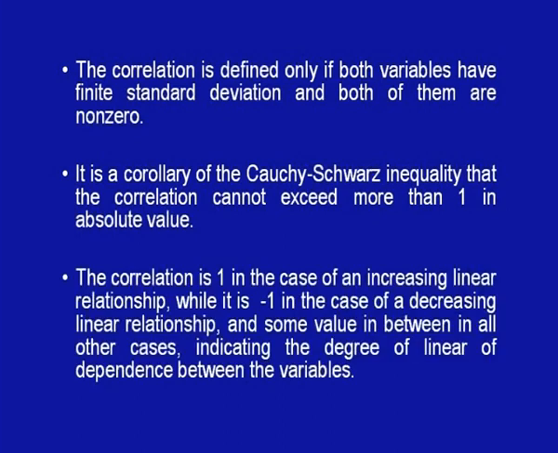The correlation is 1 in the case of an increasing linear relationship, while it is -1 in case of a decreasing linear relationship, and some value in between in all other cases, indicating the degree of linear dependence between the two variables.